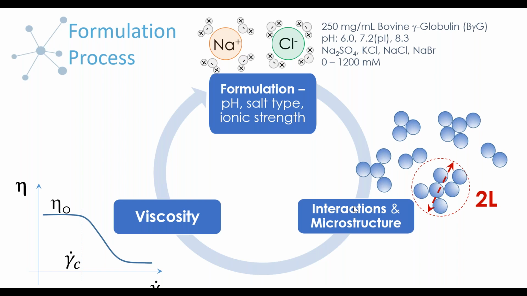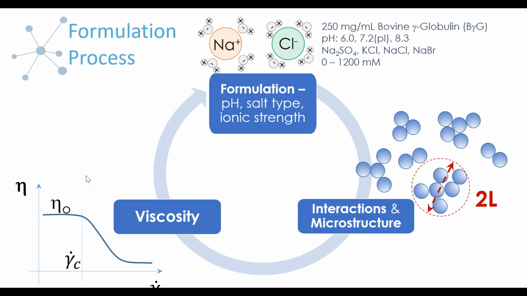You can interpret the viscosity in terms of these interactions and in terms of the microstructure that develops. So specifically what we're going to be looking at are Newtonian plateaus in the low shear region, and then this critical point where the onset of shear thinning occurs.